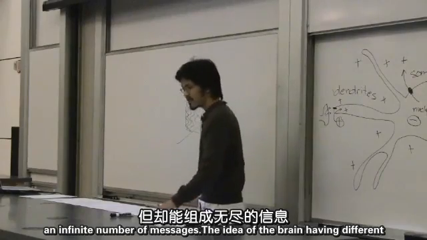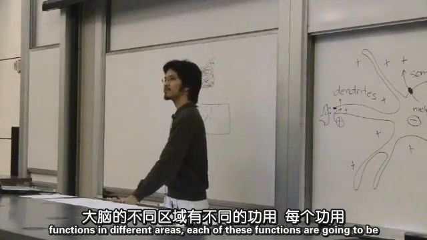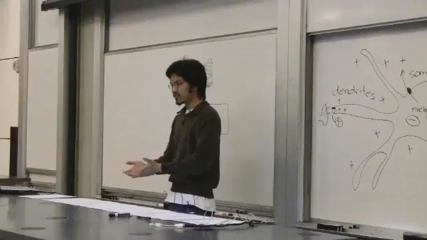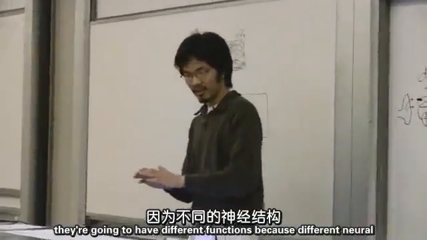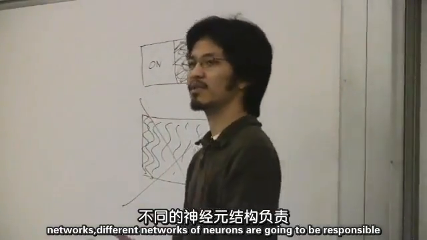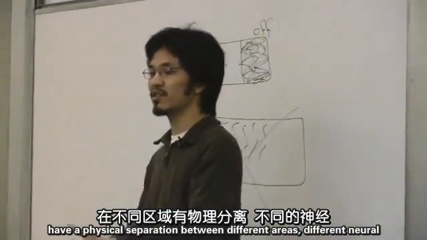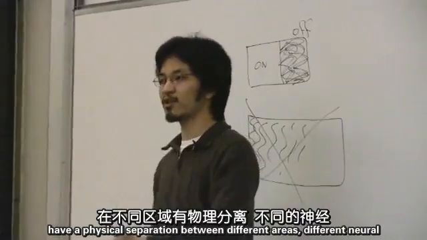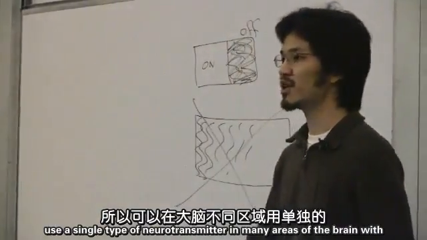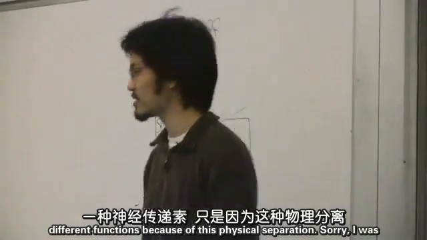The idea of the brain having different functions in different areas: each of these functions is different because different networks of neurons are going to be responsible for them, and for the most part, there is a physical separation between different neural networks of the brain with different functions. And so it is possible to use a single type of neurotransmitter in many areas of the brain with different functions because of this physical separation.